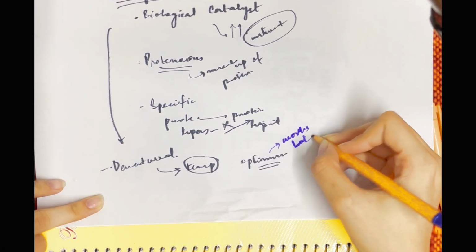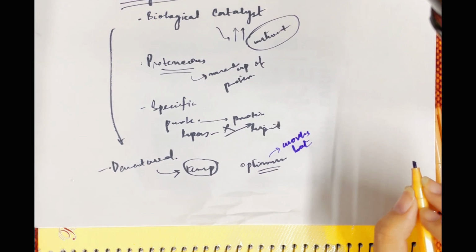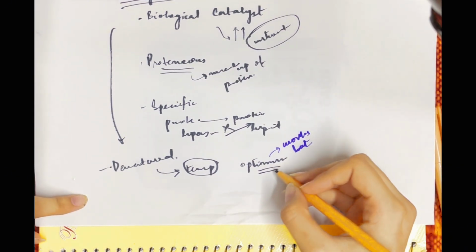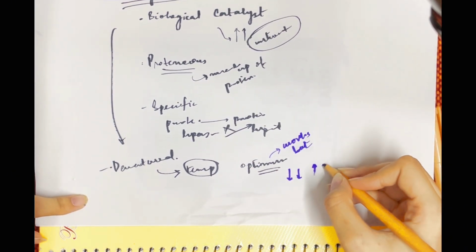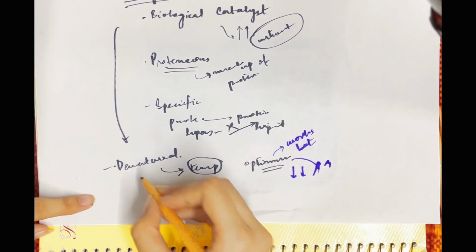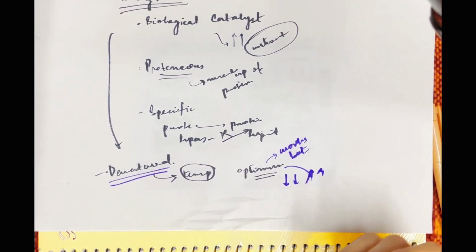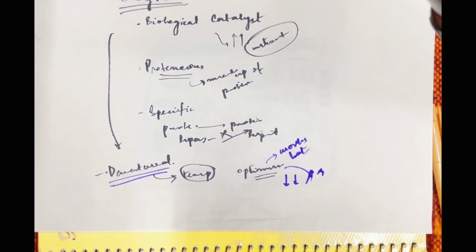Every enzyme has a different optimum temperature. So whenever the temperature is raised far above or falls far below the optimum temperature, the enzyme gets denatured, that is, it does not perform its action efficiently. It becomes very inefficient.